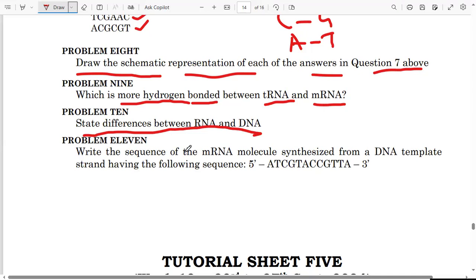We know that in the DNA, we have the deoxyribonucleic acid, the one that is deoxygenated. And then in the RNA, we have the ribonucleic acid. And then in the RNA, we have the ribose sugar.